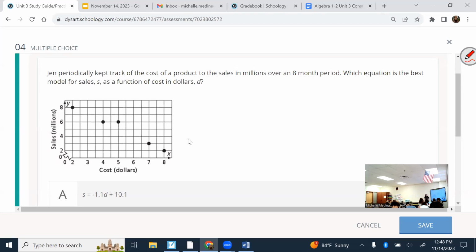What's my x2? What did I label as x2? 7. What did I label as x1? 5.5. So then you use this formula to estimate your slope.